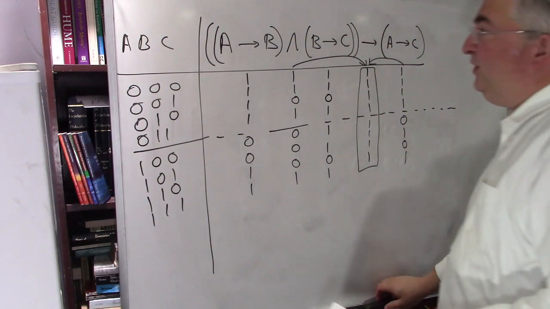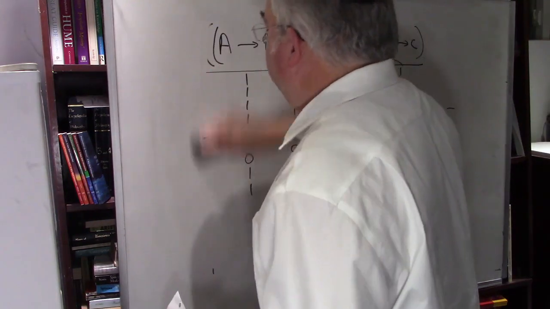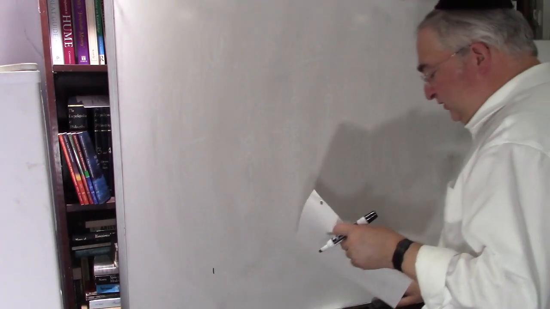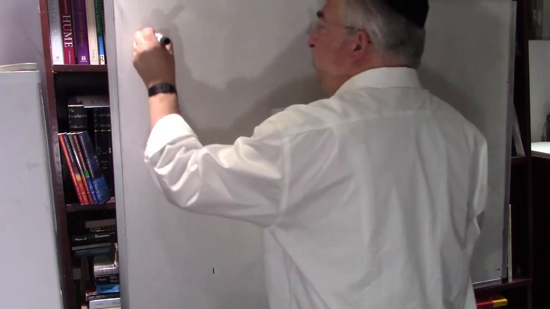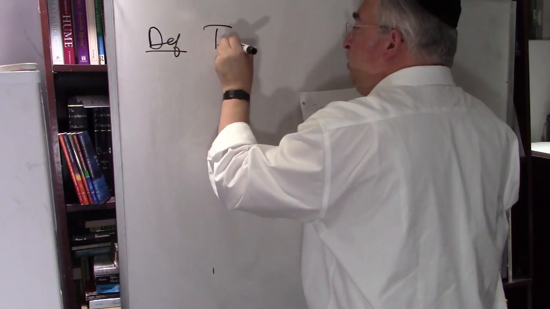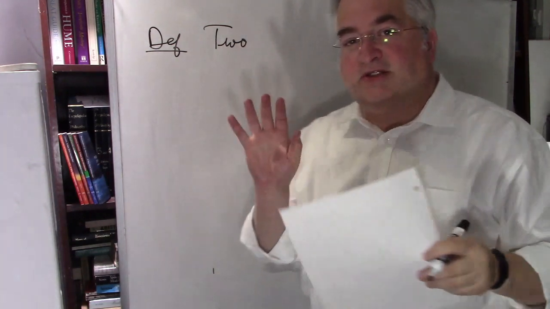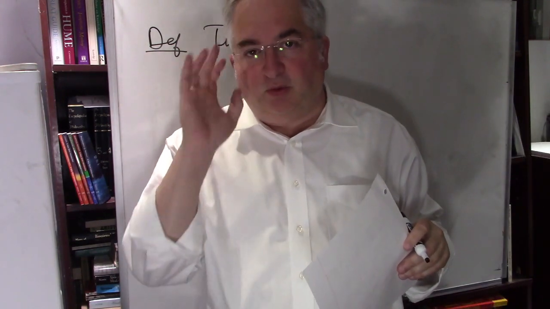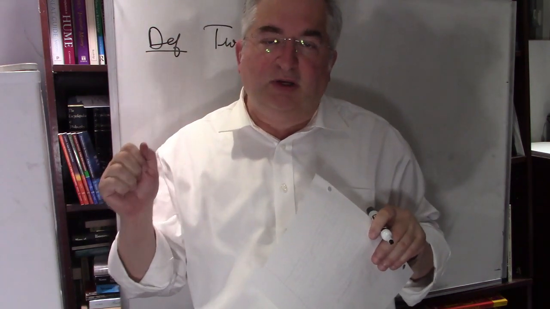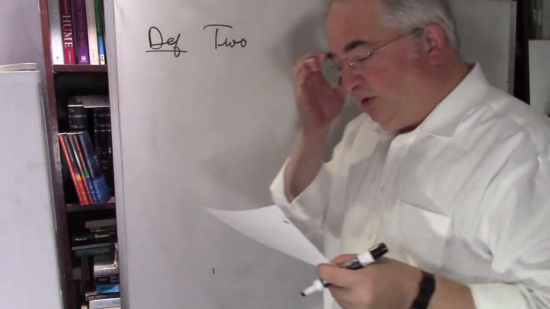Okay, we need a new definition. So we're going to use truth tables, but we need a new thing. So let's say definition 2. The book does this, and the book is very, very exact about the words. I'm a little less exact, but once you see what I'm talking about, you'll be able to figure out what the book's talking about.